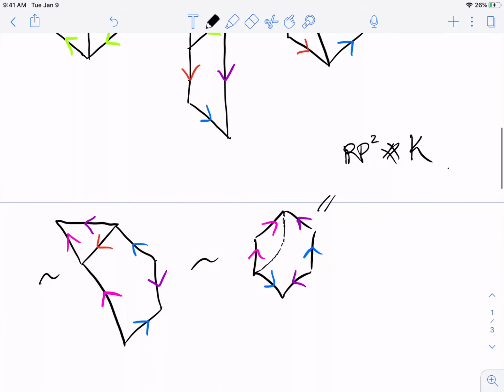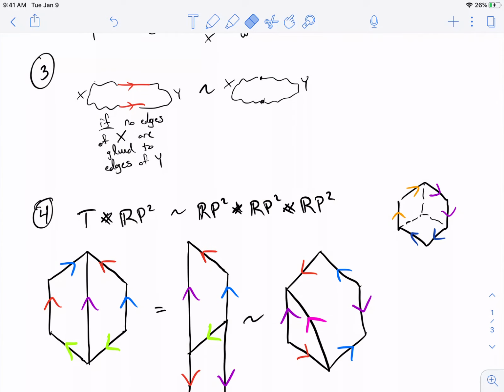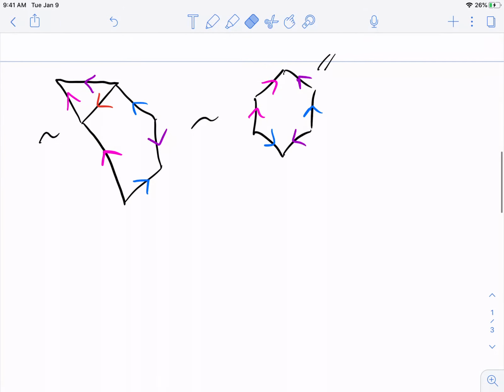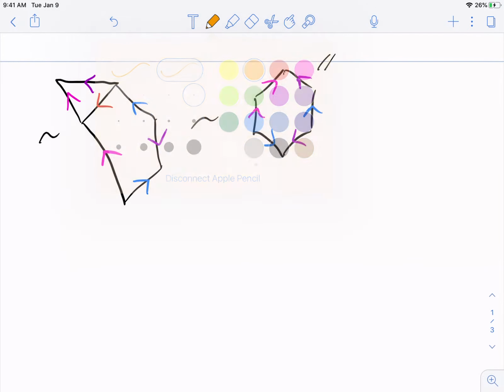then, just let me continue this just to show how we get RP2s. So how we get these 3 RP2s here. Well, that requires more steps. Now I can start using my moves from above again. So again, it's move 1 that's going to be relevant here because I see these 2 edges being glued with a twist.